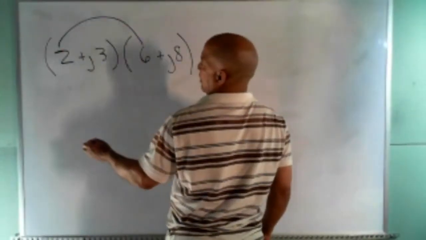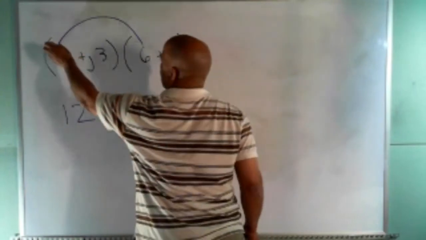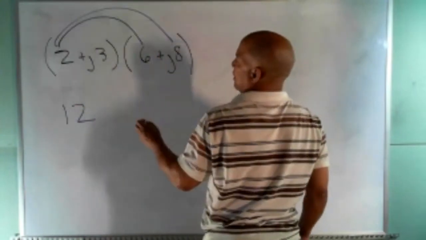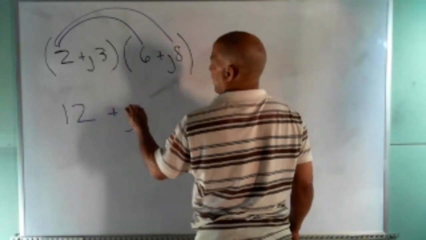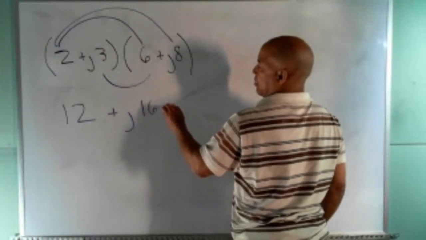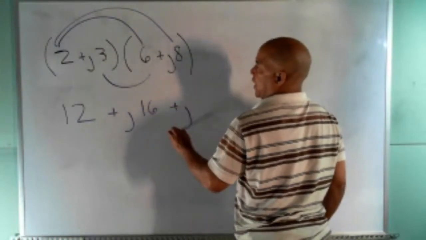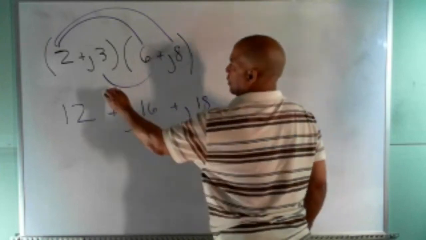Okay, so if I multiply this times that, I think that's 12. You might have to help me with my arithmetic. Multiply this times that, that's plus J16. Multiply this times that, plus J18, and multiply this times that.